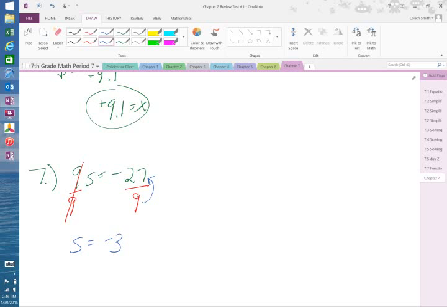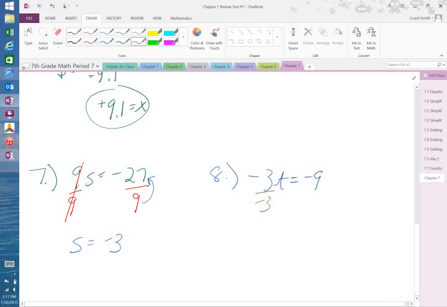Number 8 says negative 3t is equal to negative 9. Okay, so what do I do here, Jacob? 3? There you go. Thank you. You divide by negative 3 to both sides.